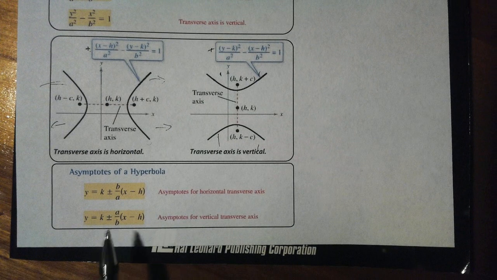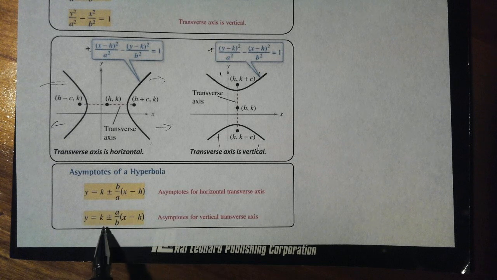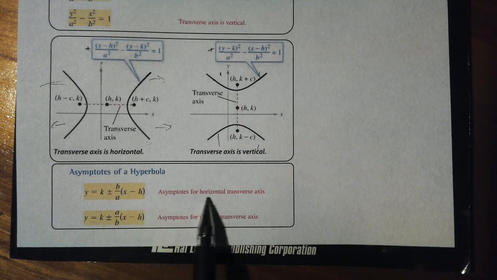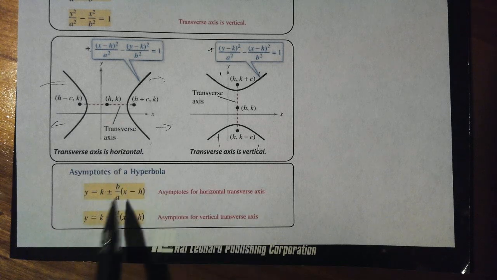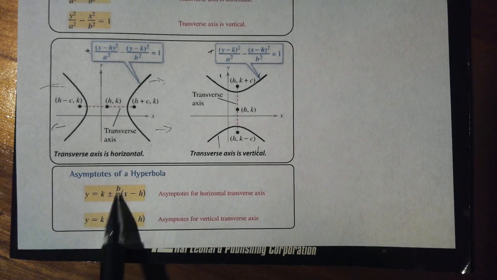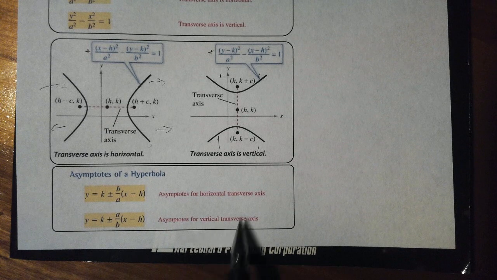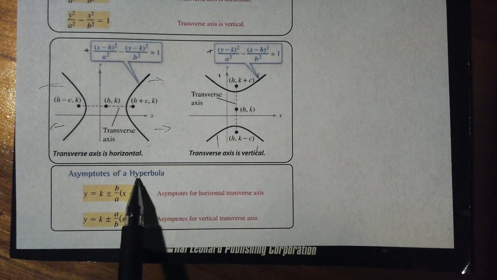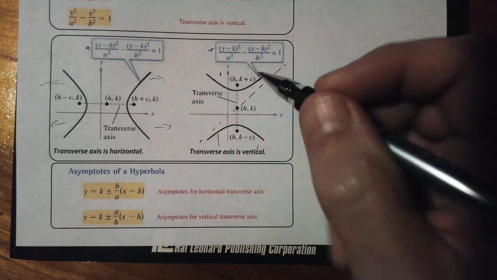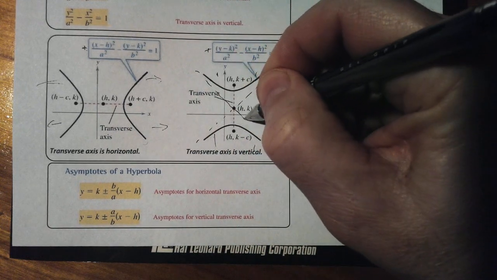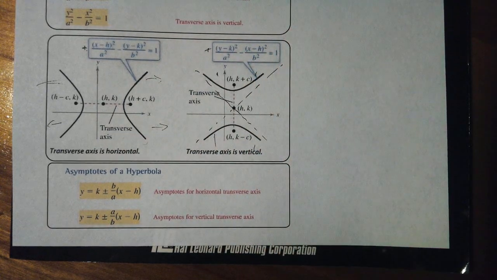Now, this I think is a really dangerous proposition to memorize. If you notice, it says when we have a horizontal transverse axis like this one, then the formula is this, and we go B on A. But when we have a vertical asymptote, the equation of the hyperbolas, and those are lines that kind of define the hyperbola.